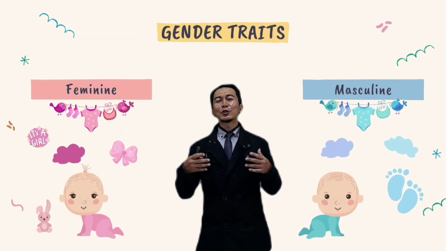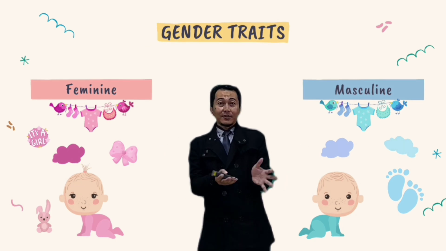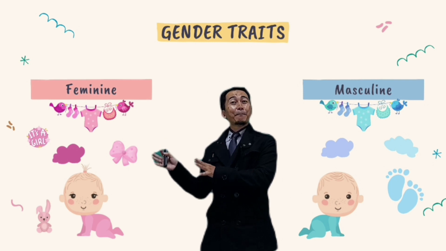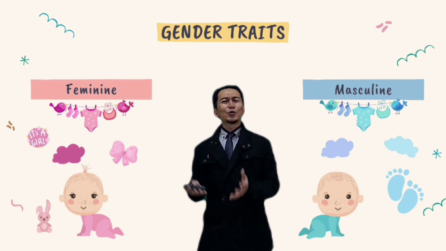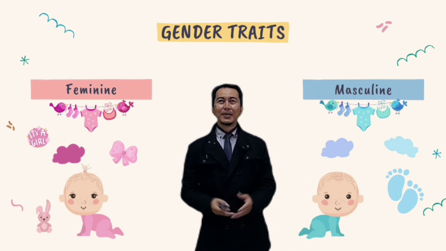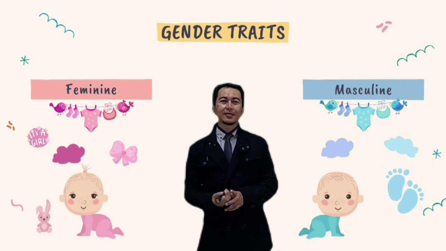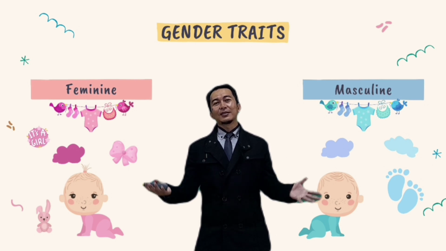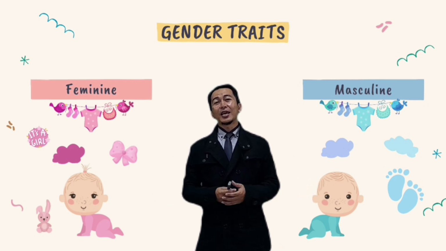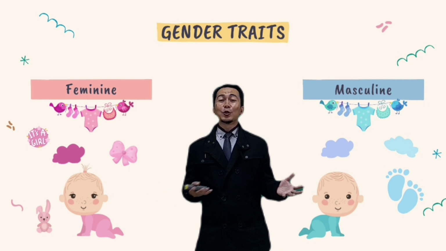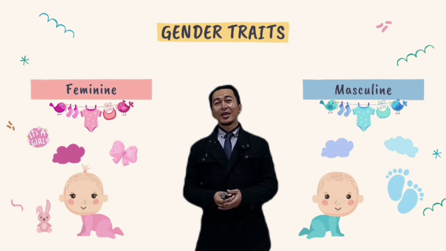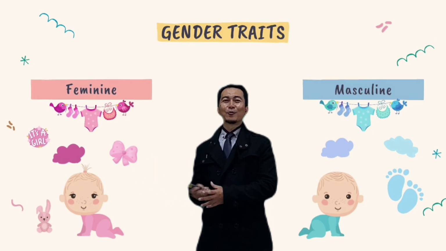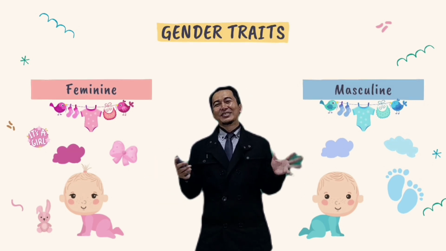So if you want to give a gift or a souvenir for women, you will choose the pink one. Since when do you have to choose pink for women? But that is the gender traits. And also blue for masculine. When you are adult and have children, and you have a boy in your home, you will raise him to be masculine. That is our gender traits.